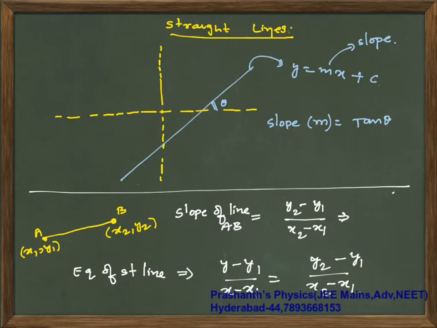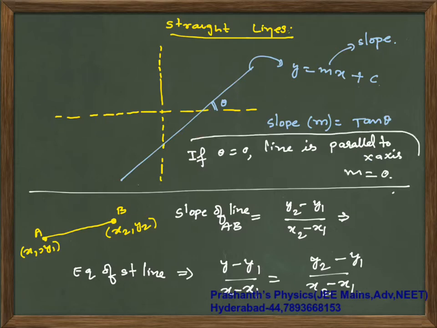Now you observe very carefully. If theta is 0 in this above graph, line is parallel to x axis and slope m is 0.